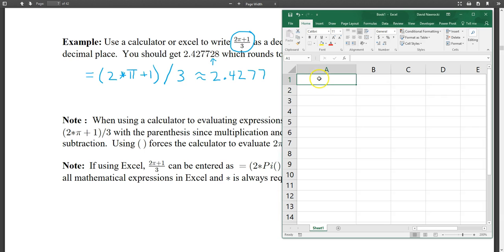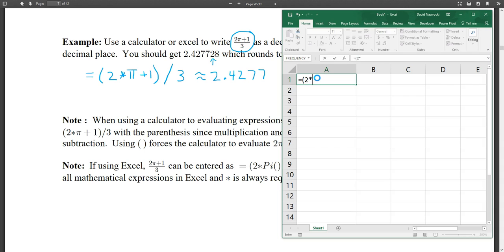So let's type in equals, parenthesis 2 times, you have to use the times symbol. You must use the times symbol in Excel. Pi. Now how do we evaluate pi in Excel?